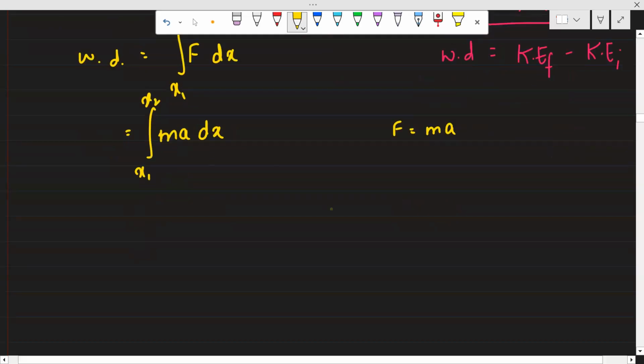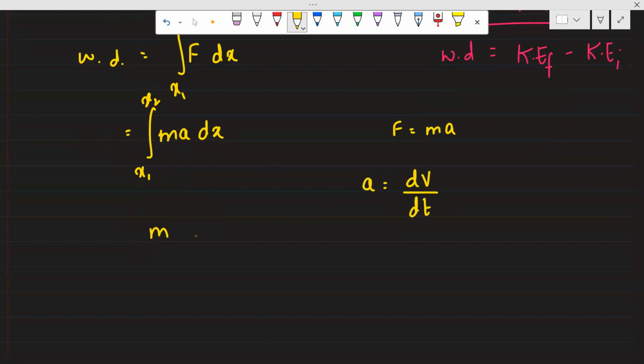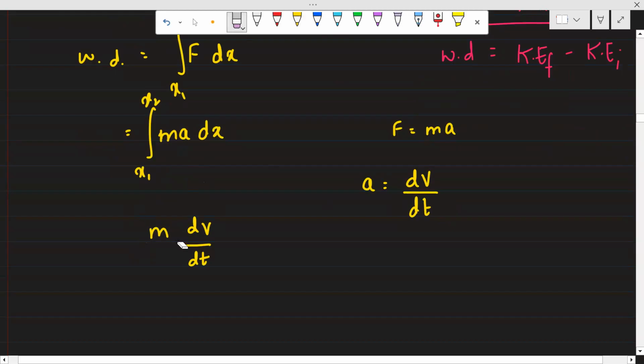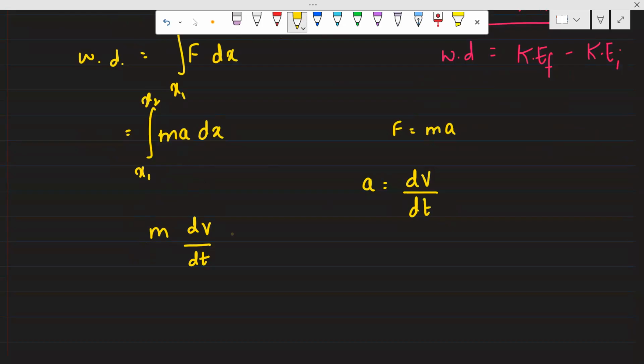Now look, acceleration can be written as dv over dt. So let me put that. So this becomes m dv over dt into dx, integrated.